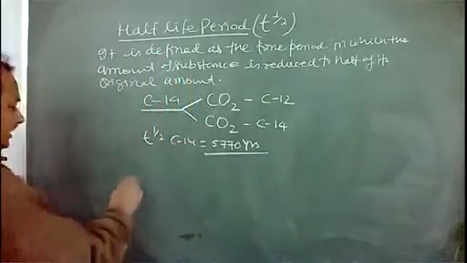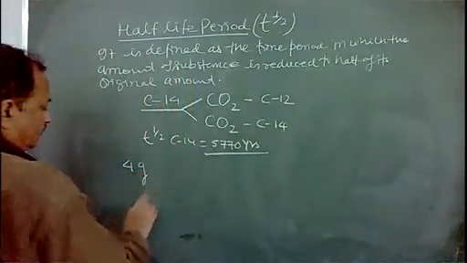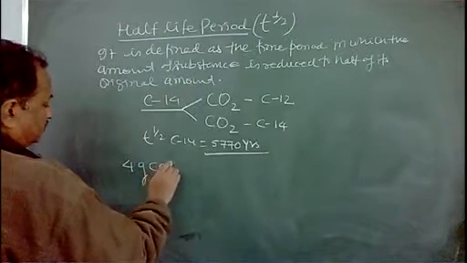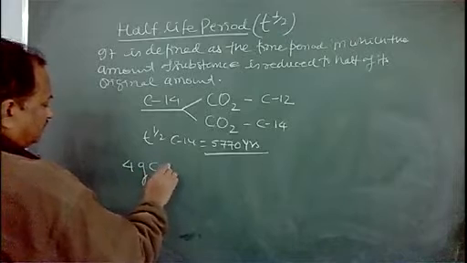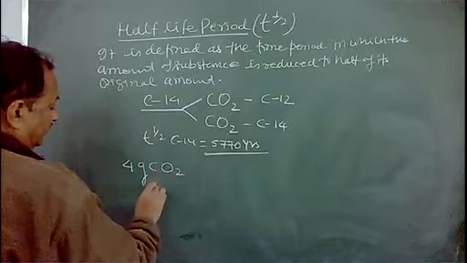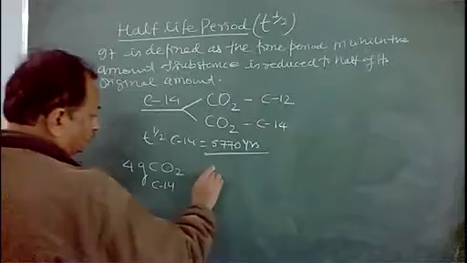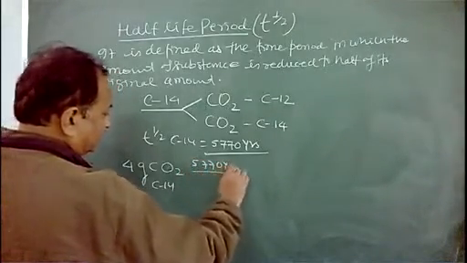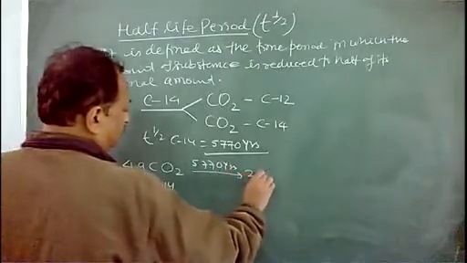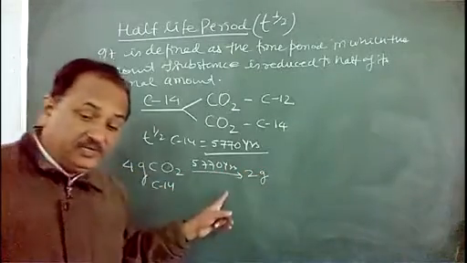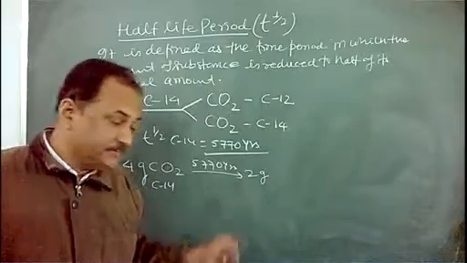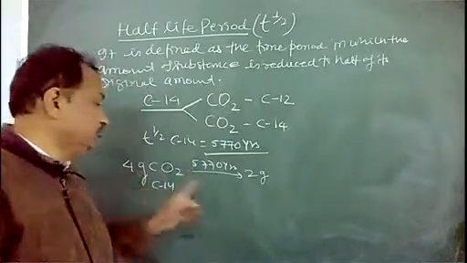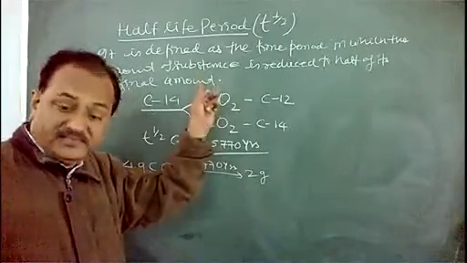Now see here, if you take 4 gram CO2 having C14, after 5,770 years it will be reduced to 2 gram. This is the point. 4 will be reduced to 2 grams as per our statement.